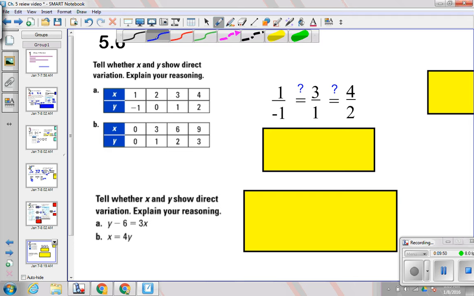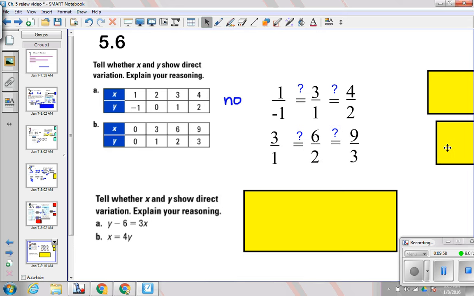No. So that is not a proportional relationship. And then when we look at B and do the same thing and compare the ratios, they're all equivalent. So that means that there is a proportional relationship, that we can always take x and multiply it by some number k to get to y.